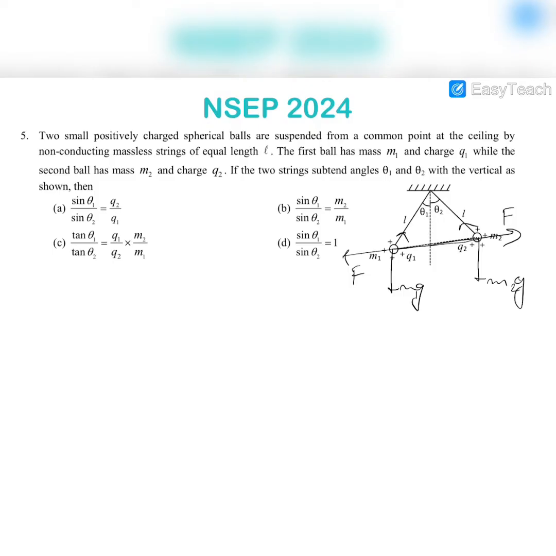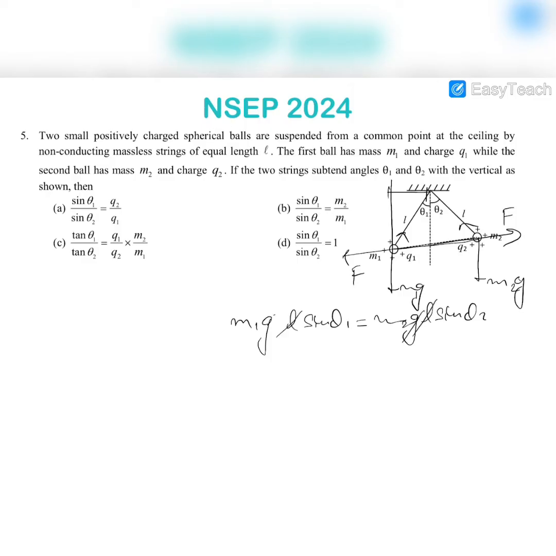So we can balance the torque of mg, and therefore we can write the torque of m1g, m1g into L sine theta 1, will be equal to m2g into L sine theta 2.